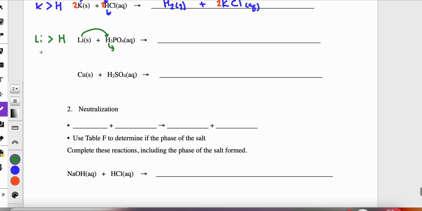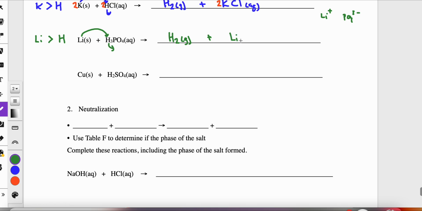The reaction happens. So we know right away the new free element is hydrogen gas. It's a diatomic, so it's H2. Lithium then forms a salt with phosphate, but lithium uses a +1 and phosphate uses a -3, so it's not a 1-to-1 ratio, so you have to get that formula correct.